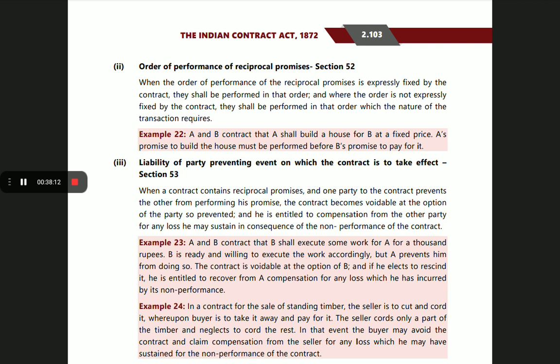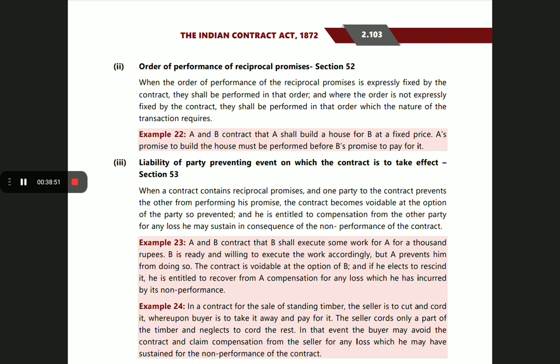When a contract contains reciprocal promises and one party to the contract prevents the other from performing his promise, the contract becomes voidable at the option of the party so prevented, and he is entitled to compensation from the other party for any loss he may sustain in consequence of the non-performance of the contract.